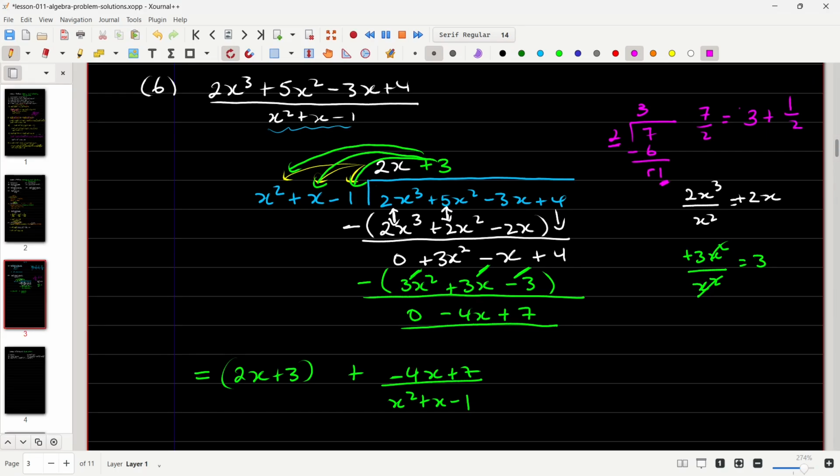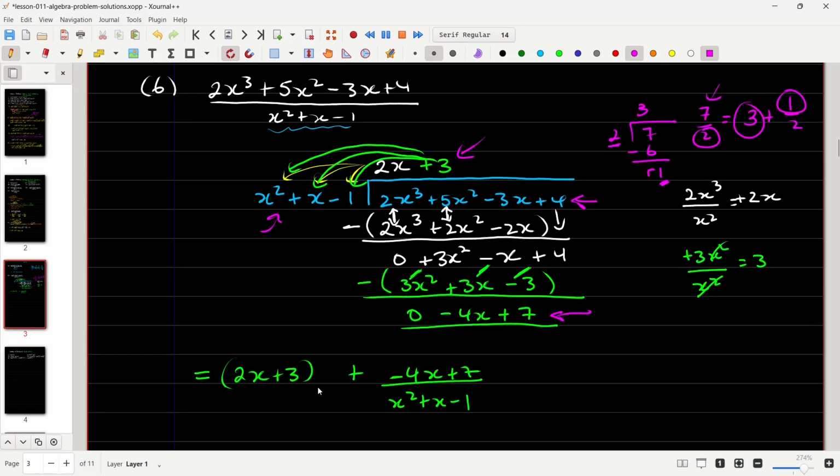So the 3 is comparable to your quotient that you get here. Your 2 is comparable to your divisor that you have over here. Your 1 is comparable to your remainder, and your 7 is comparable to your dividend. So that explains what happens there.